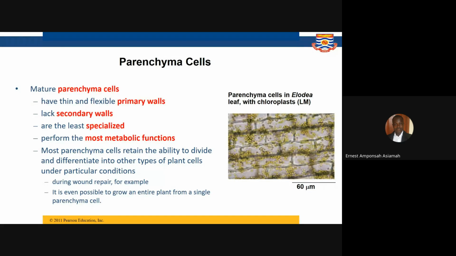So they have thin and flexible primary walls. You don't see any form of thickening in their cell wall compared to the other cell types. So they also lack secondary walls.